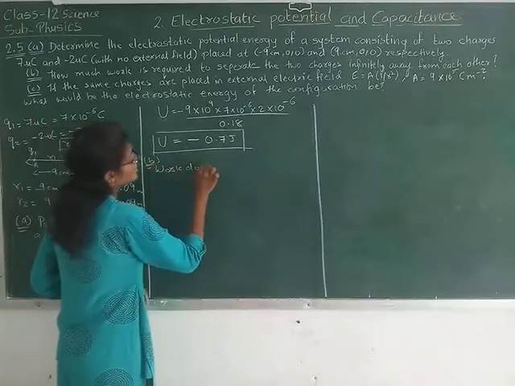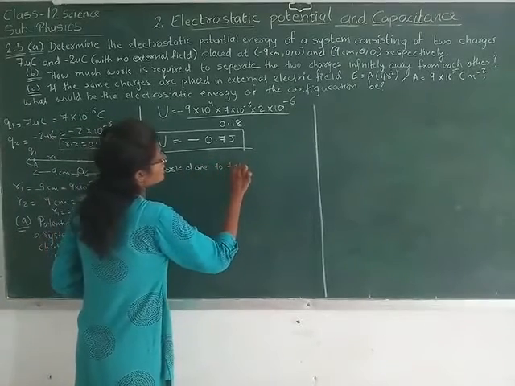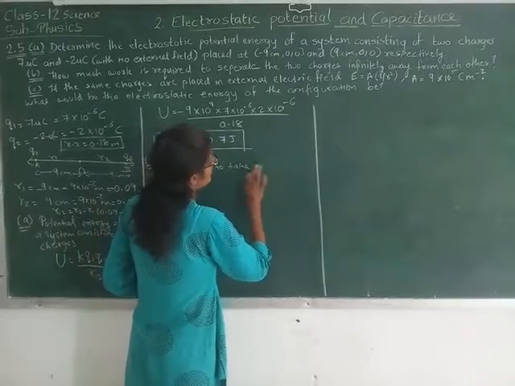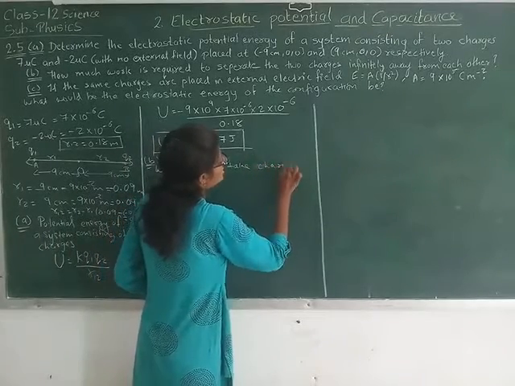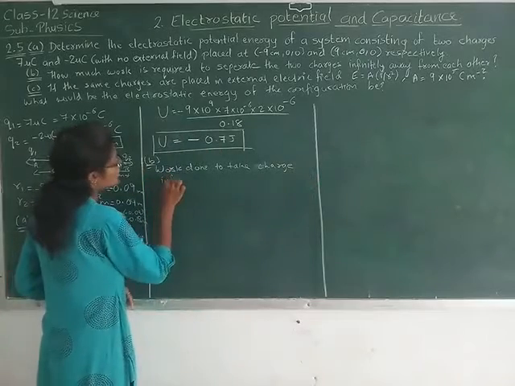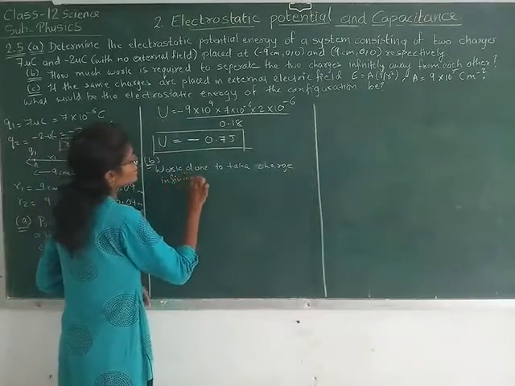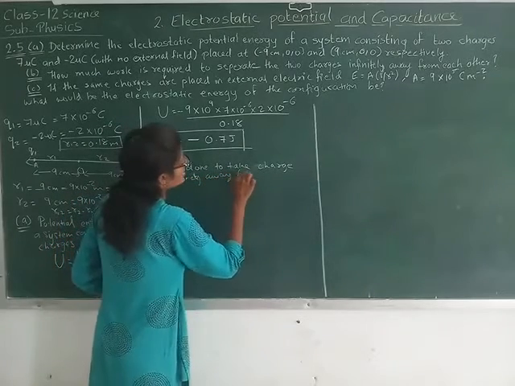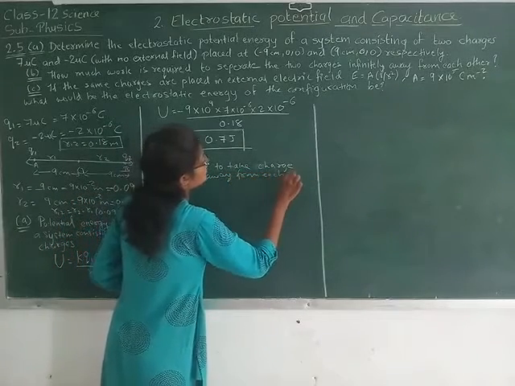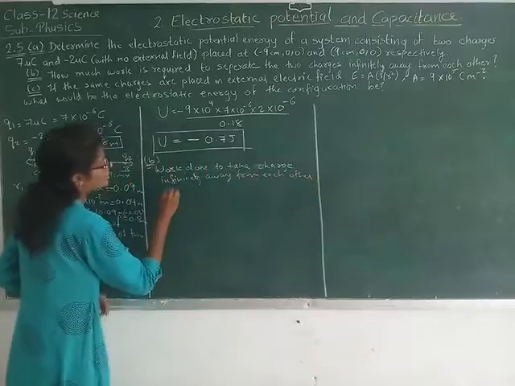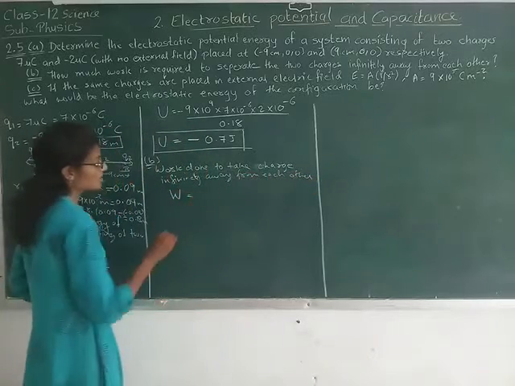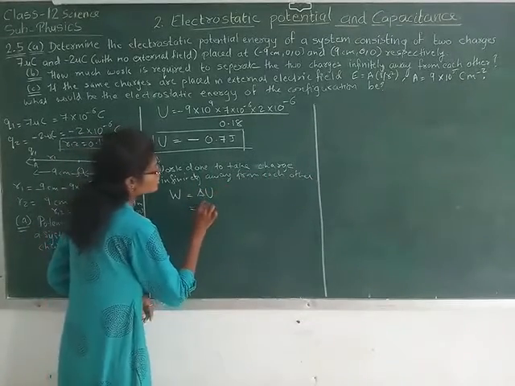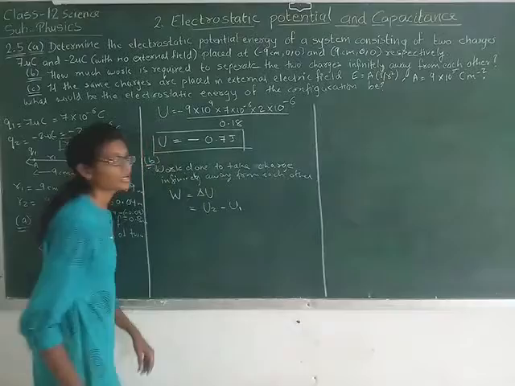So here, work done to take the charge, or to separate the charges infinitely away from each other: W is equal to delta U, and that is equal to U2 minus U1, right?